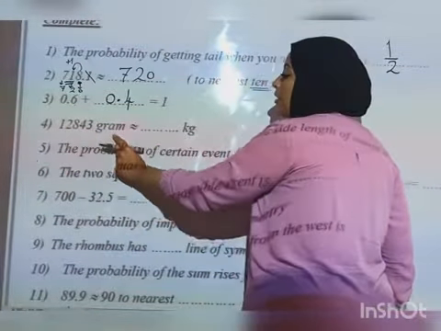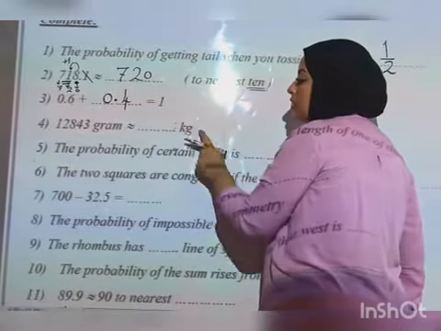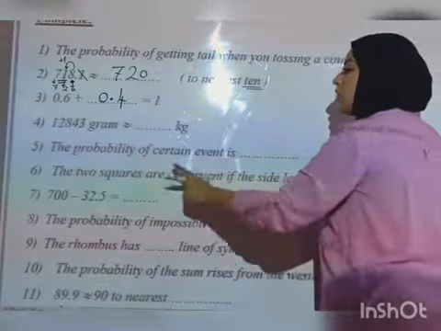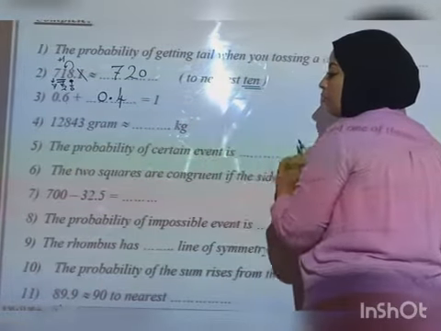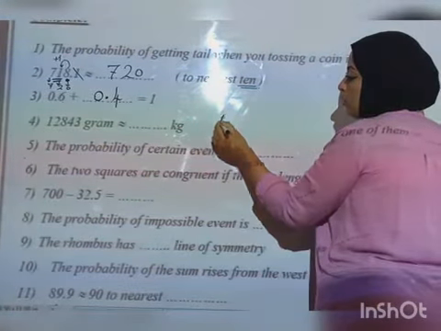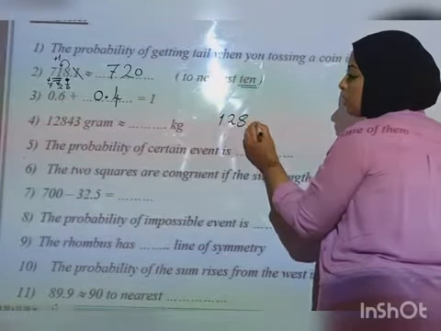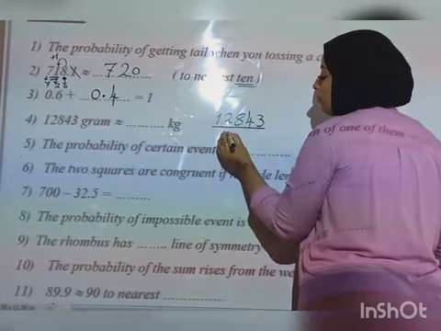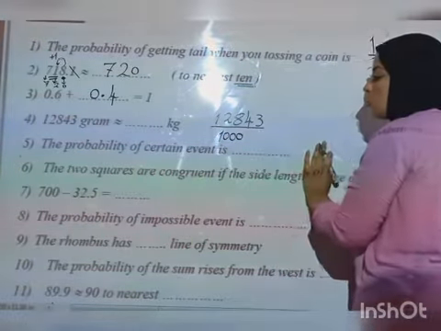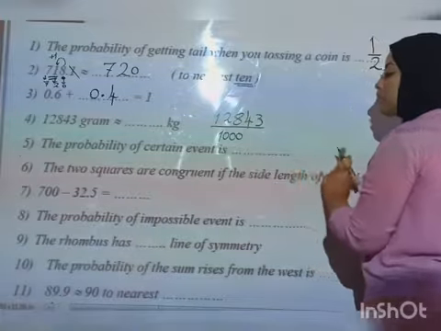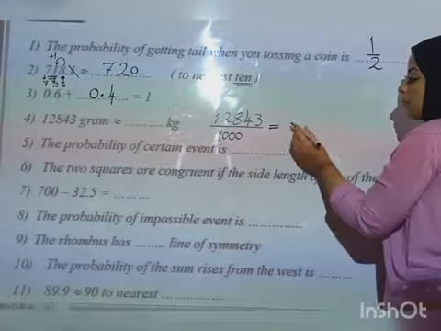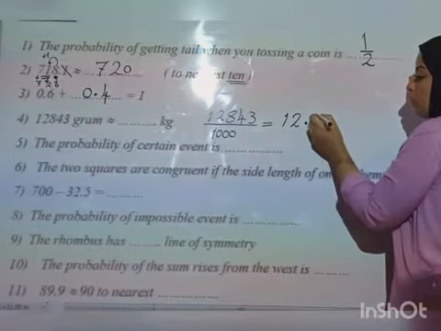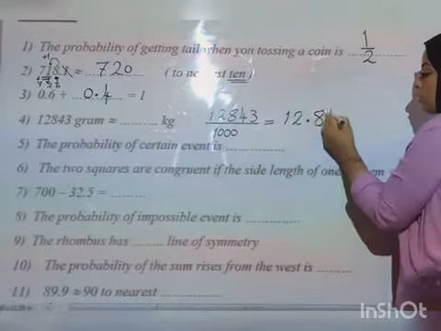12,843 grams equals how many kilograms, to the nearest kilogram? First, we should convert this number to kilograms. It means we will divide this number by 1,000, because 1 kilogram equals 1,000 grams. So it will be 12.843.